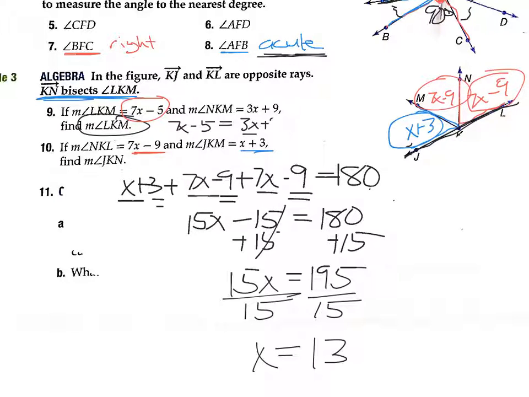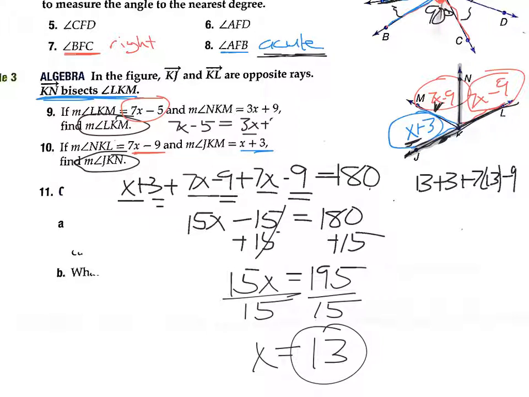Excuse me. Now, I've got to go back. It says find JKN. Now, what is JKN? So JKN, I'm going to use my highlighter here, JKN is that. So what I have to do now is I have to go back and plug in 13 to get JKN. So I have right here 13 plus 3 plus, now I'll plug 13 in right here, 7 times 13 minus 9, and that gives me that angle, JKN.